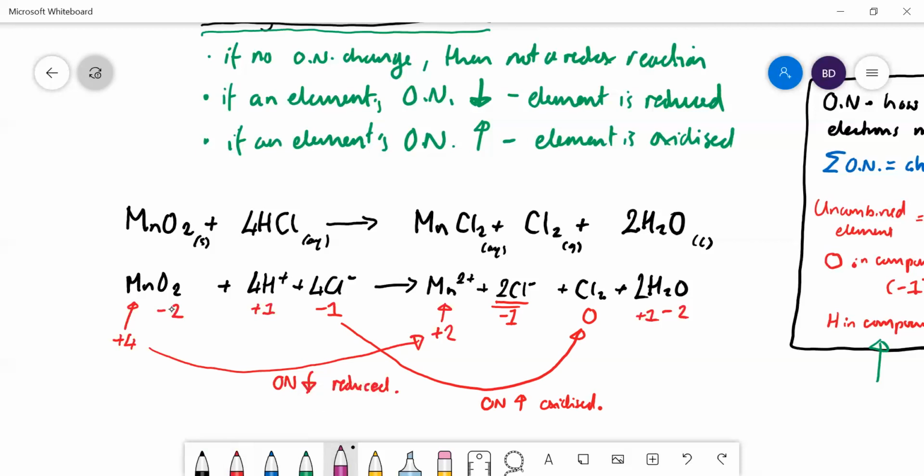And let's just do our oxidizing agent thing. Well, the manganese is being reduced, so this is the oxidizing agent, isn't it? The chloride ions, well, some of them have been oxidized, so they are the reducing agents.